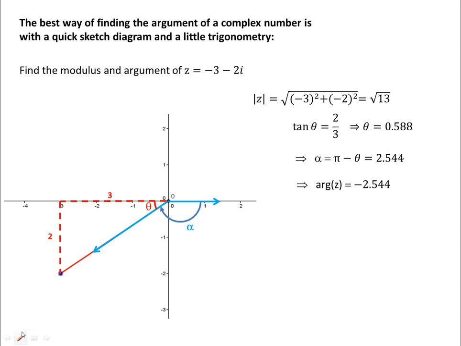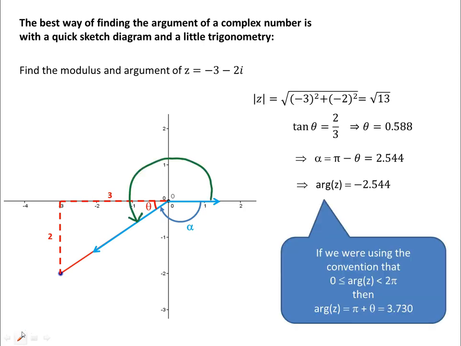And that answer would be fine if we are working with the convention of giving arguments between minus pi and pi. If on the other hand we're insisting on using arguments between 0 and 2 pi, then the argument we require is the angle in green, which is pi plus theta, which will give us approximately 3.73 radians.